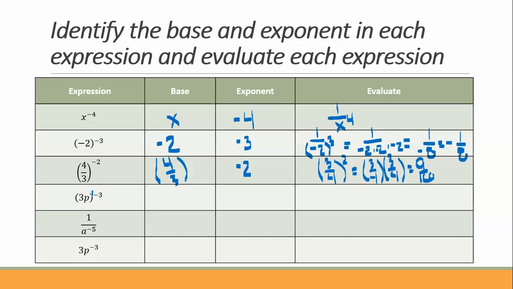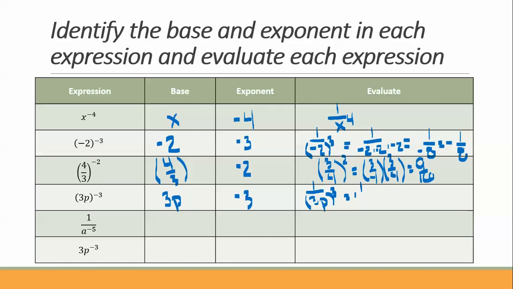Here, our exponent is negative 3, and our base is what's touching the exponent, so our base is 3p. Evaluating that, we get 1 over the quantity 3p cubed.